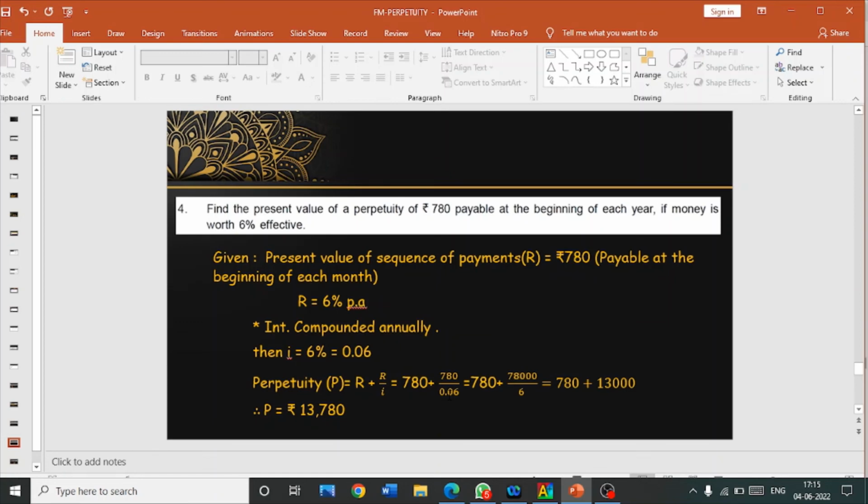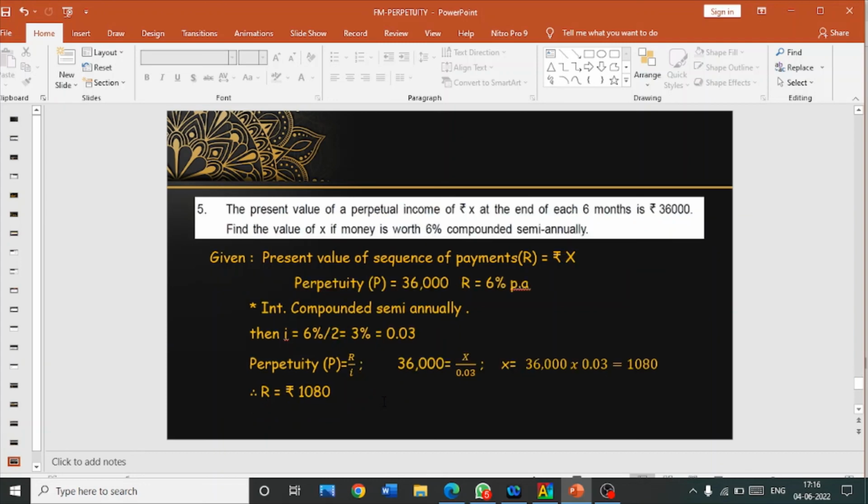After removing the decimal places, if you find the value, you will be getting 13,000, because we are multiplying the numerator by 100, denominator by 100. So 780 plus 13,000, you will get 13,780. That is the present value which you have to make now to get 780 rupees in the time period of a year.